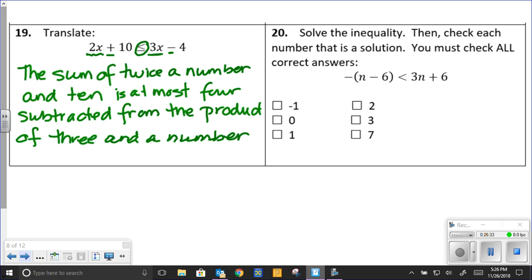And again, there's a lot of ways we could do it, because you could have said twice the number, or three times the number. You could have said it that way. There's a lot of ways you could have done this.